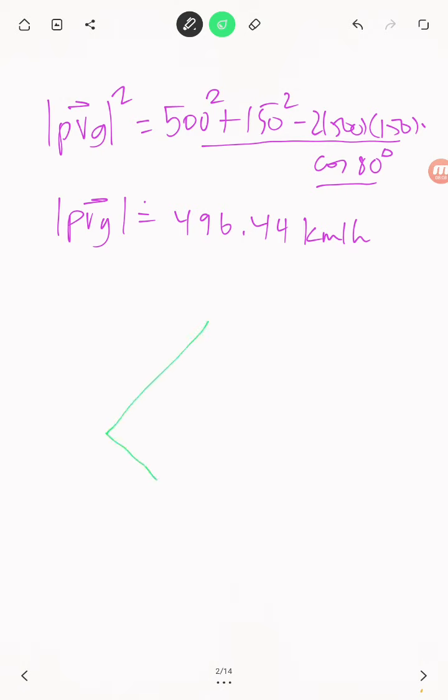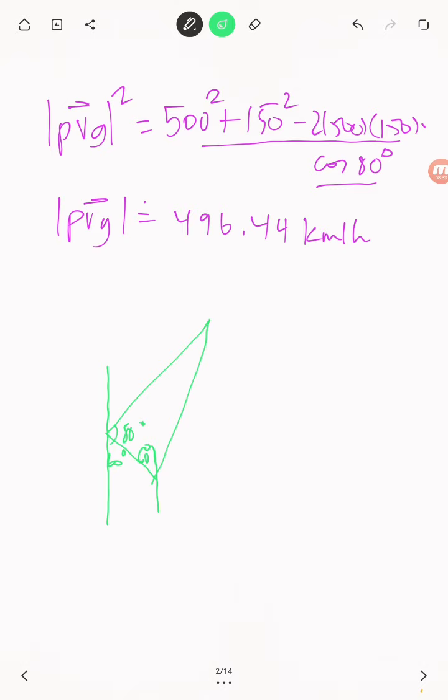So I have something that looks somewhat like this. I know that this is 80 degrees. I know that this is 60. Therefore, an angle in here is also 60. Okay?